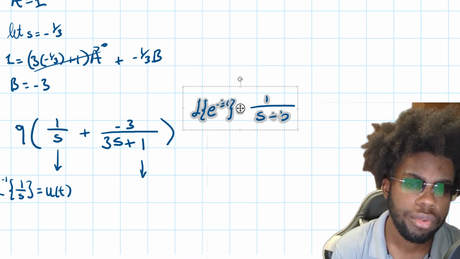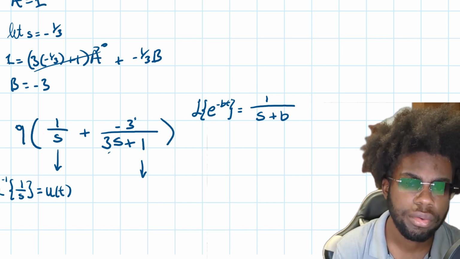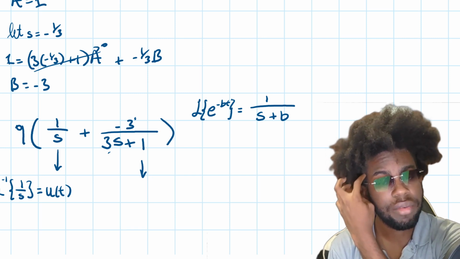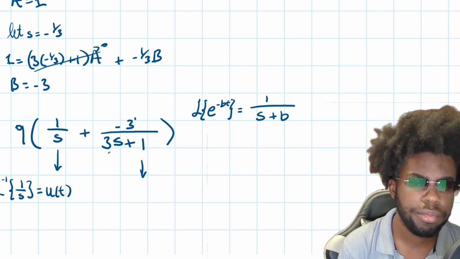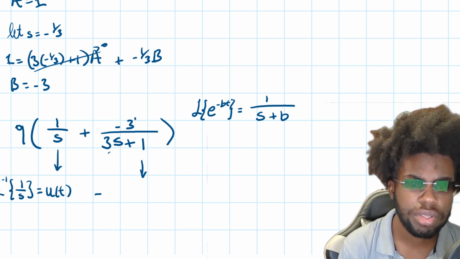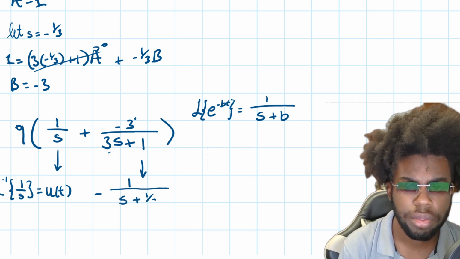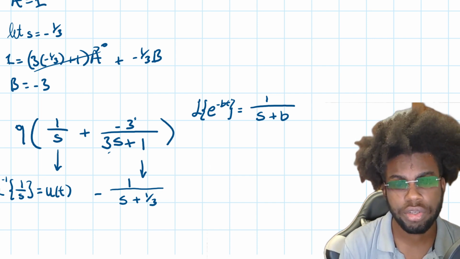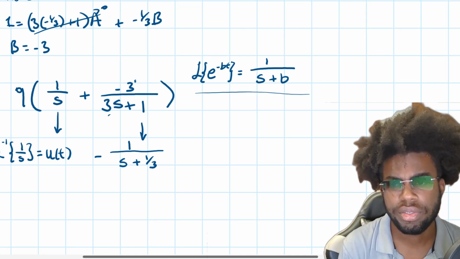Well, this 3 here and this 3 here are kind of just hanging around, right? So what we're going to do is, for lack of a better term, cancel it, right? So what we're going to end up with here is, let's move the negative sign out. We're going to end up with minus 1 over s plus a third. Note that those are both the same fraction, right? So this is looking a little bit like this, right?